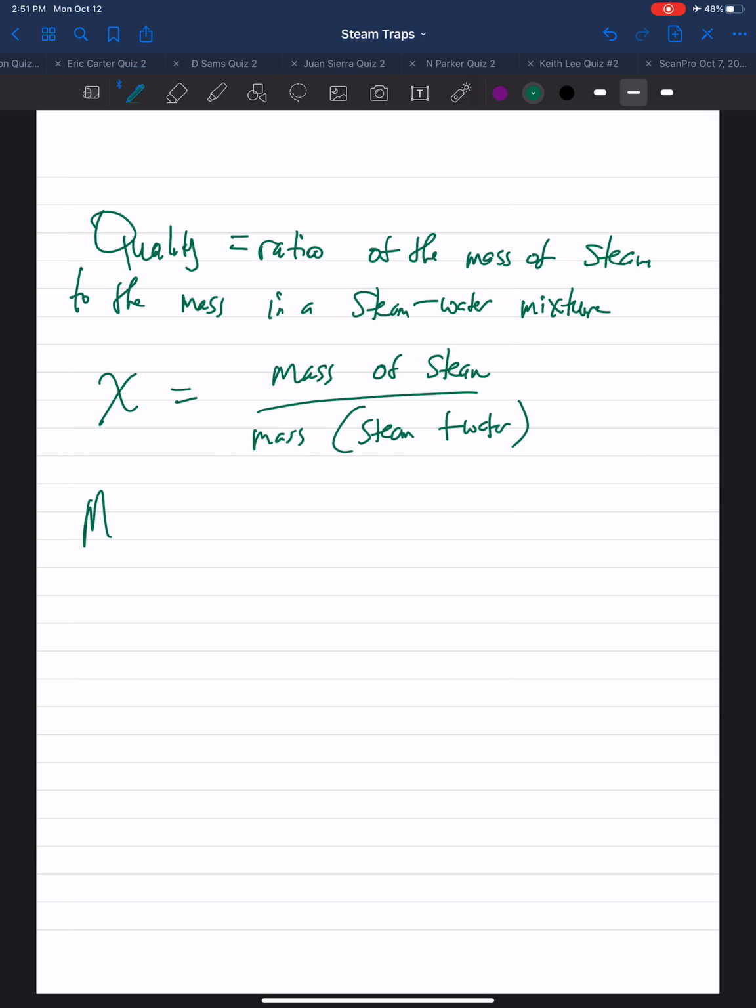Moisture content is the ratio of mass of liquid to total mass of liquid and vapor.